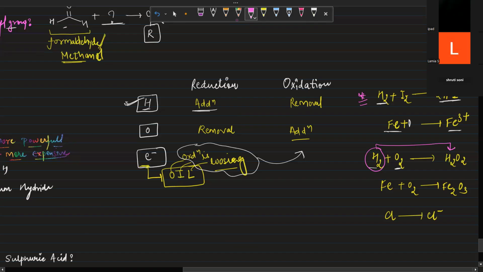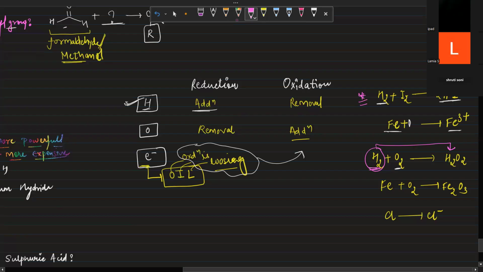I mean, it's the same number. No, H2 is hydrogen here, but after the reaction, hydrogen has added oxygen now. I see. Okay, yeah. So if you're adding oxygen, that means it's oxidation. If you're adding hydrogen, that means it's reduction.